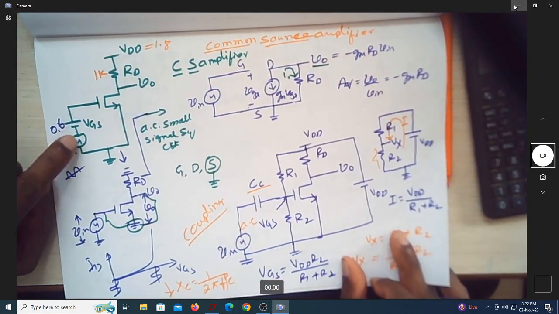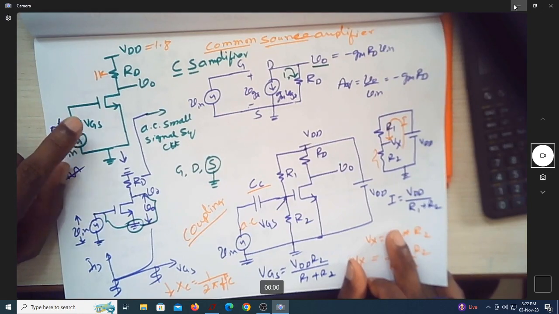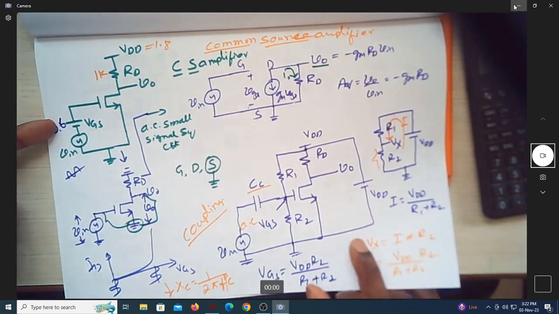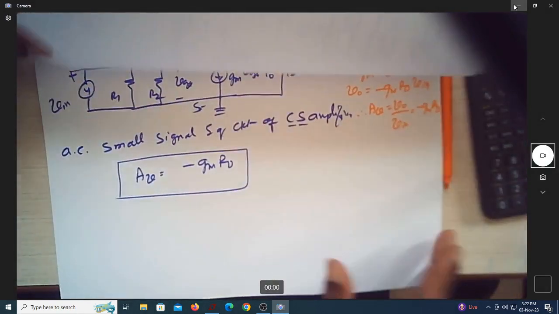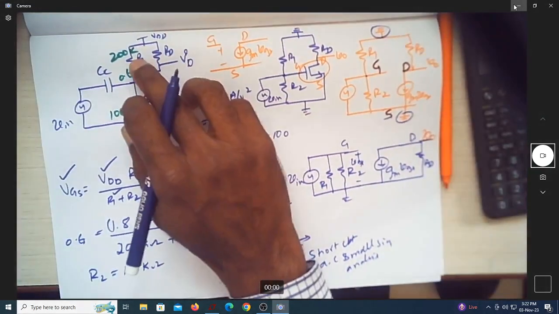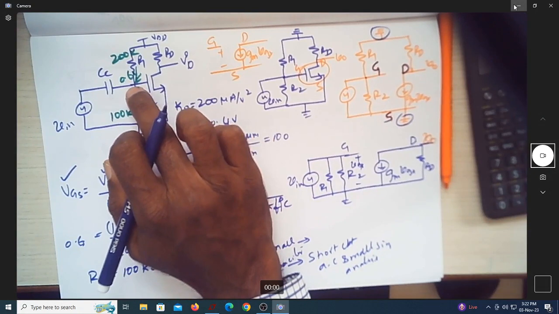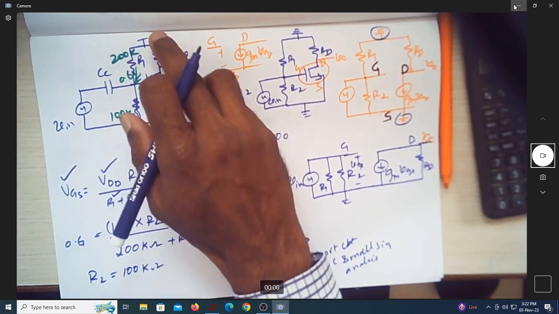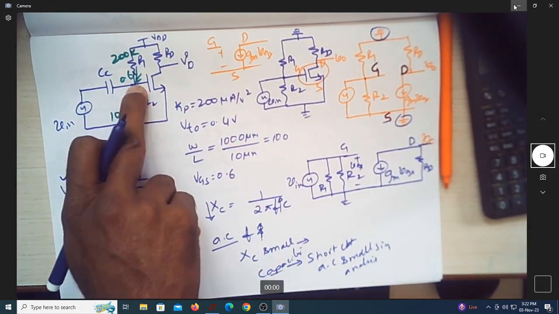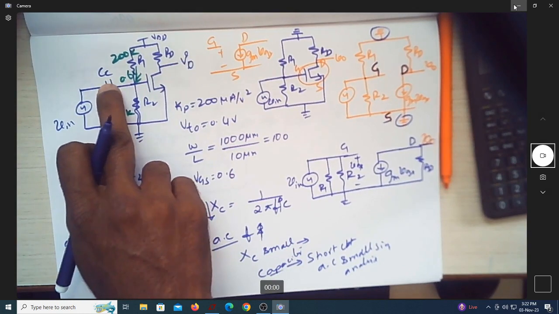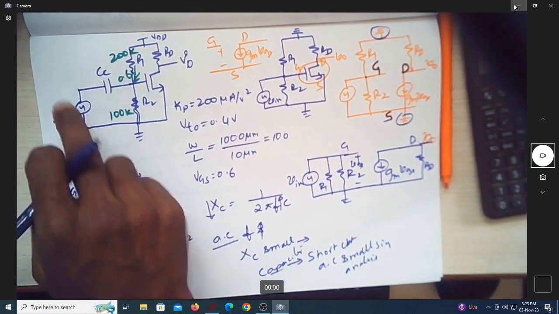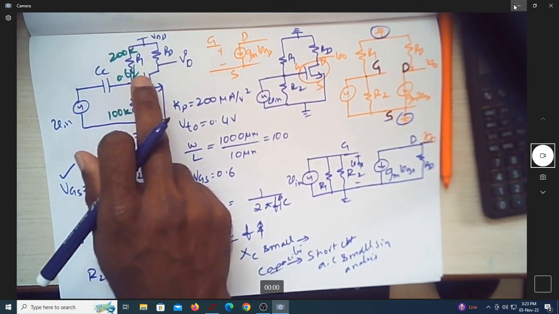Only difference is that this VGS, which was realized using a different battery of 0.6, is now being replaced by two resistors of 200k and 100k, and these two along with VDD is giving the desired voltage. And this coupling capacitor is used to couple the AC signal to the amplifier.